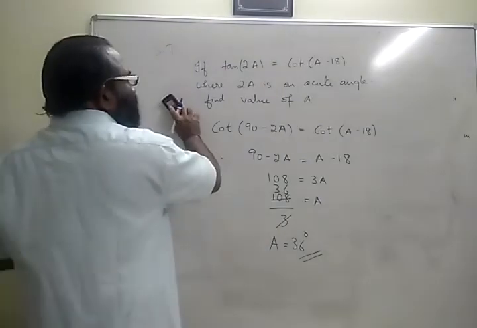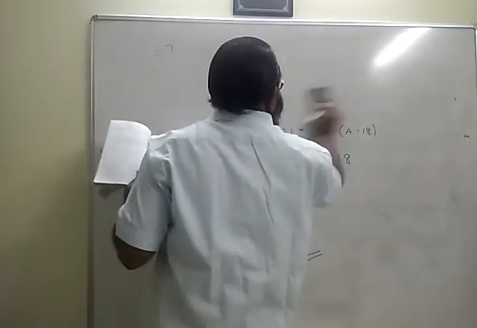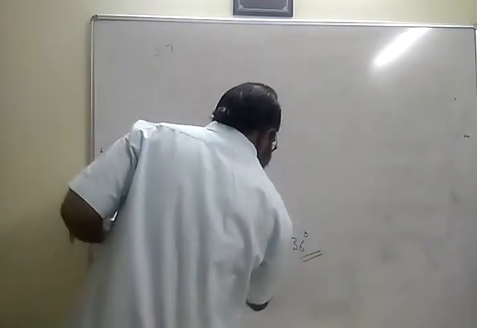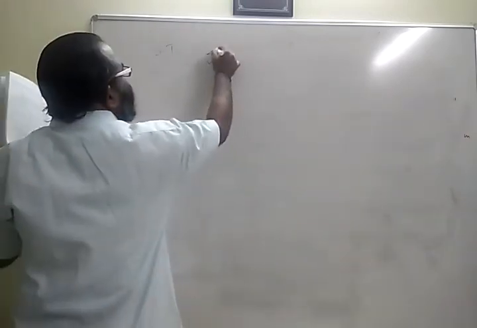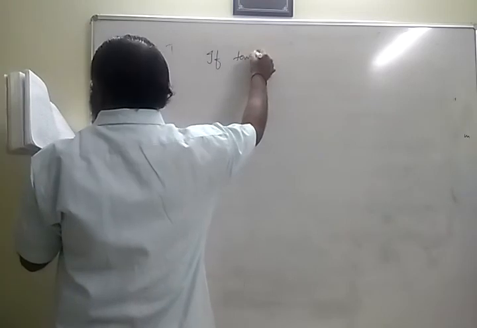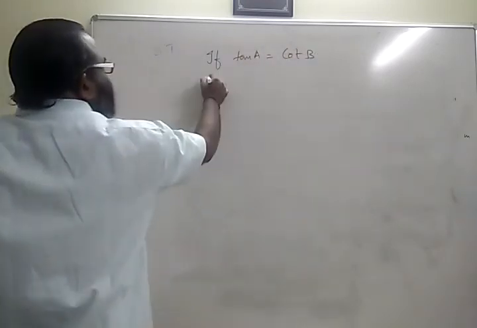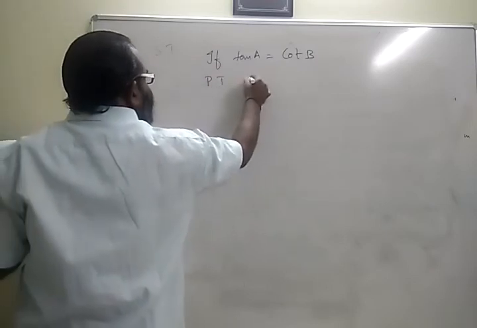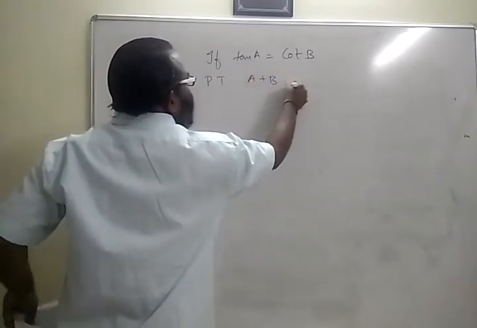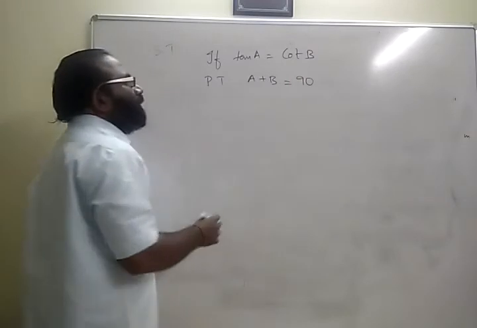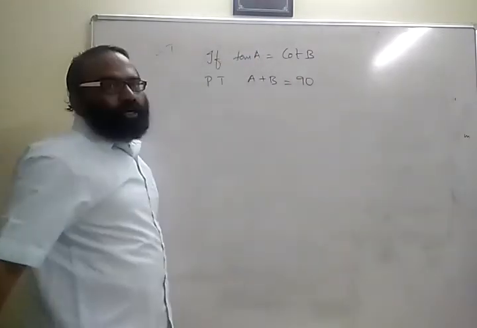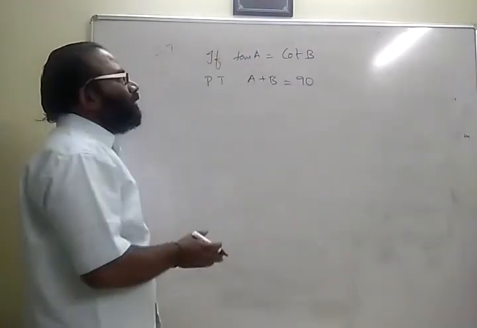Okay, so next, if tan A equals cot B, prove that A plus B equals 90. Now tan A equals cot B, let's make both the sides the same ratio.